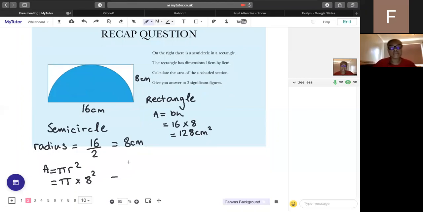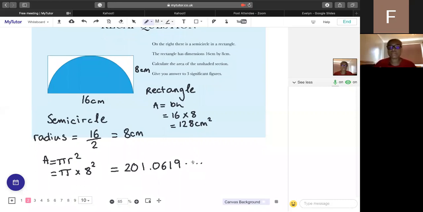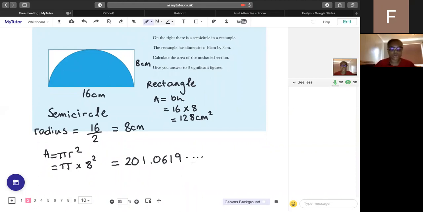When we use our calculators, pi times 8 squared equals 201.0619, and then it goes on a little bit. Remember, we want to find the area of the semicircle, so we need to now halve this. What I was saying on Monday is to use your answer button on your calculator, the one that says A and S.